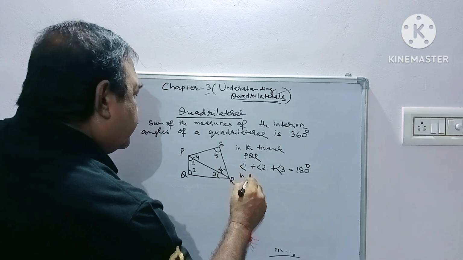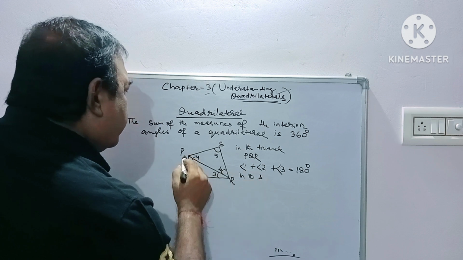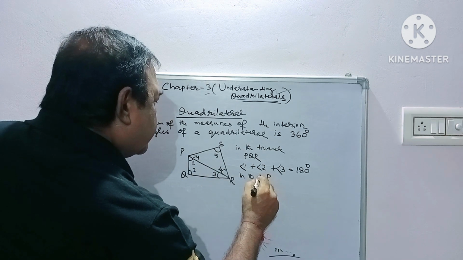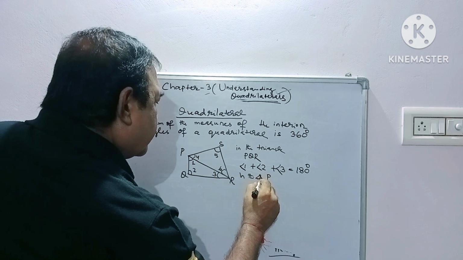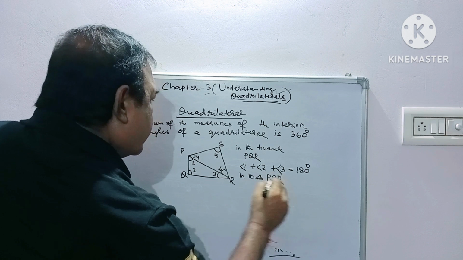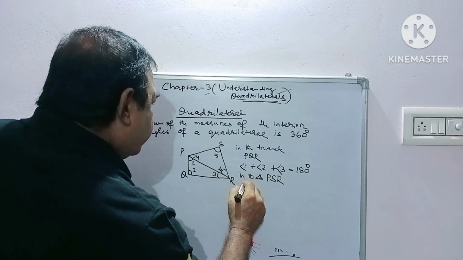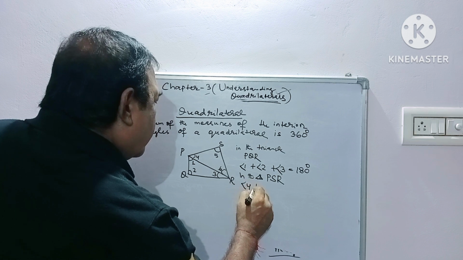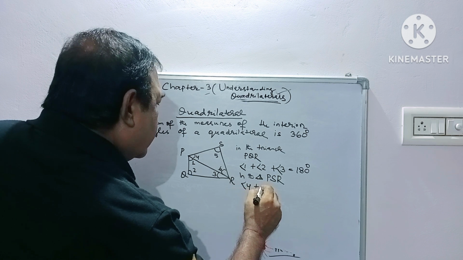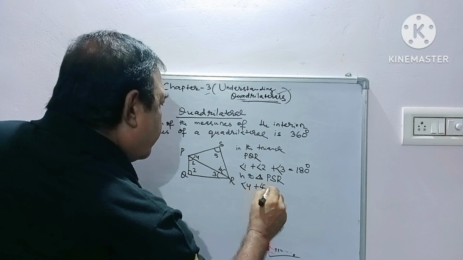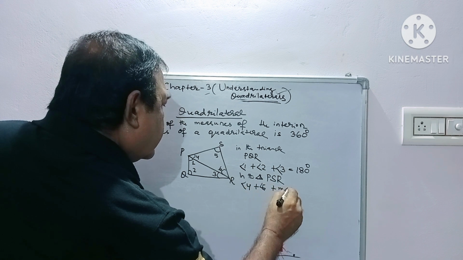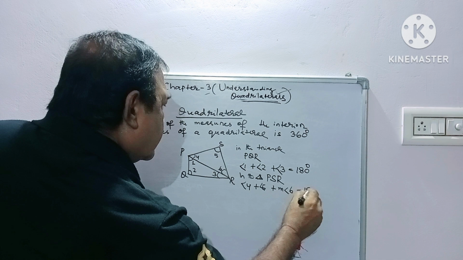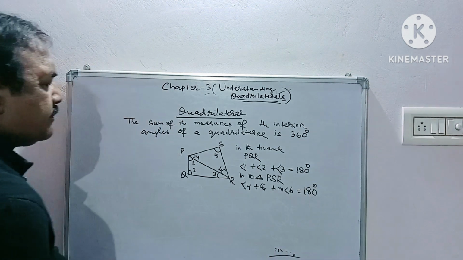And in the triangle PSR, measure of angle 4 plus measure of angle 5 plus measure of angle 6 is equal to 180 degrees.